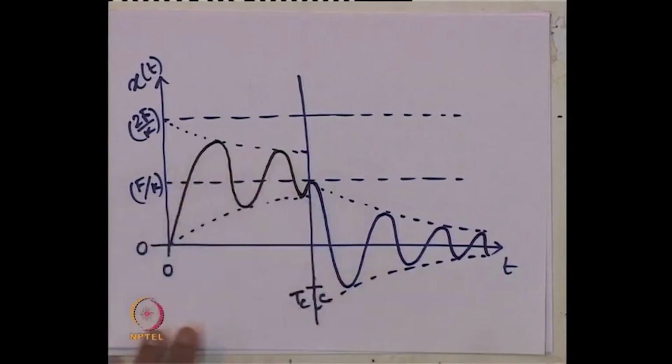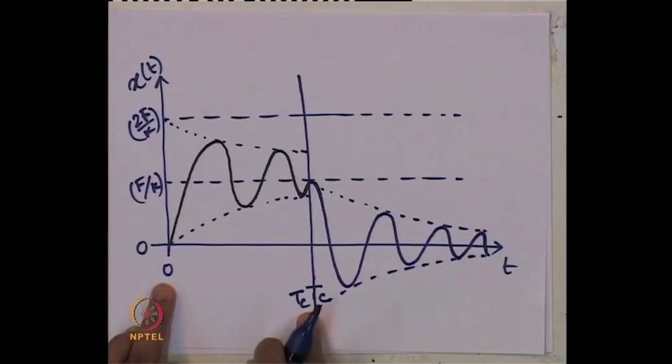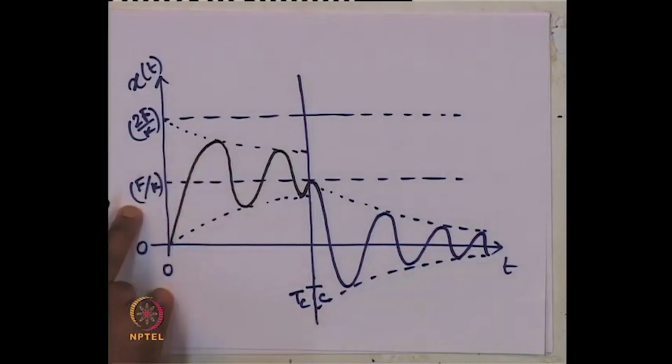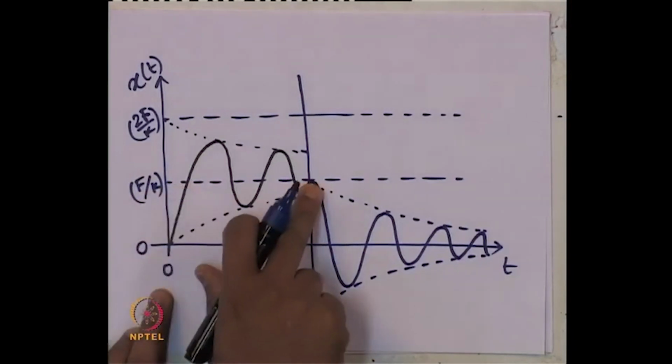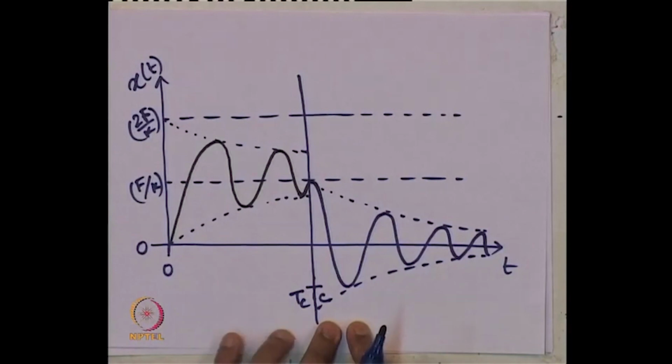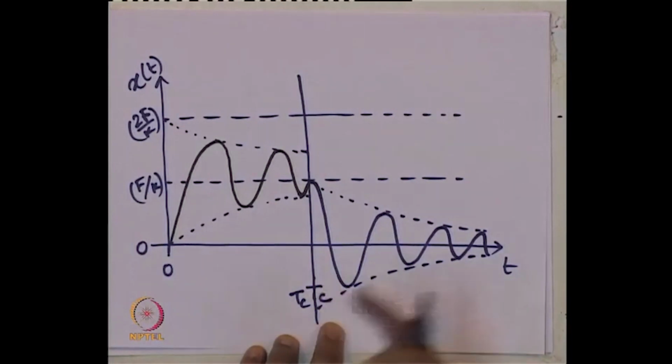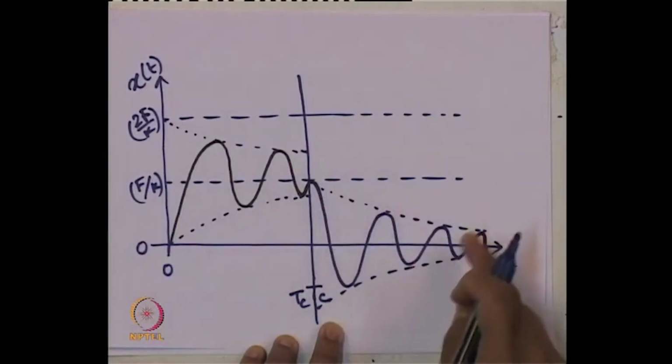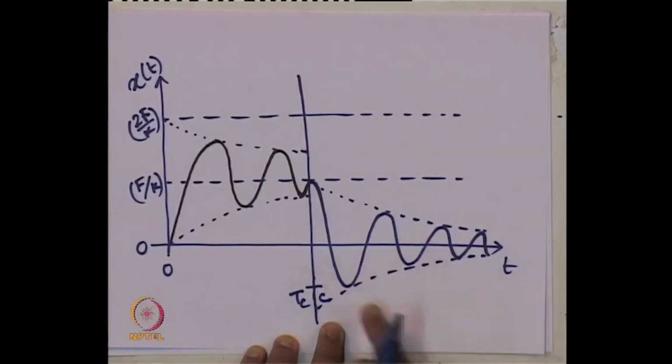That is the combined response of the system. Till time T c, when the constant force was acting, it was vibrating about its static displacement, about this line. Beyond T c, when the force is removed and it is a free vibration case, it is oscillating about this 0 baseline. Is it clear why the response should look like this?